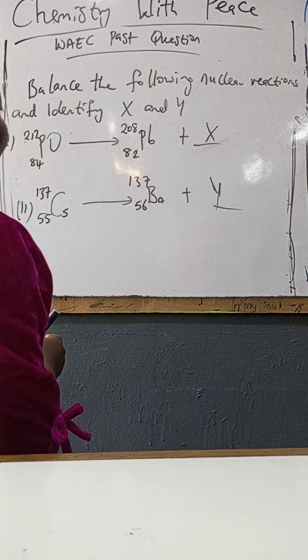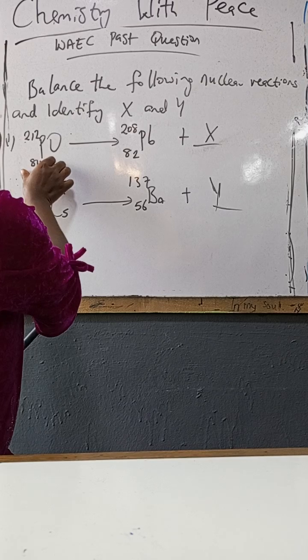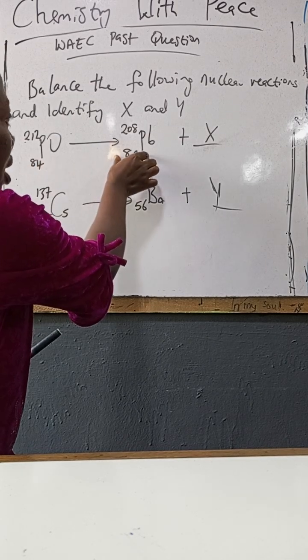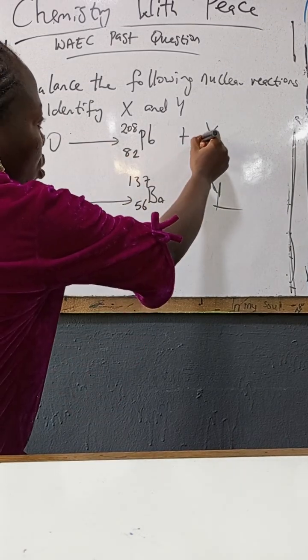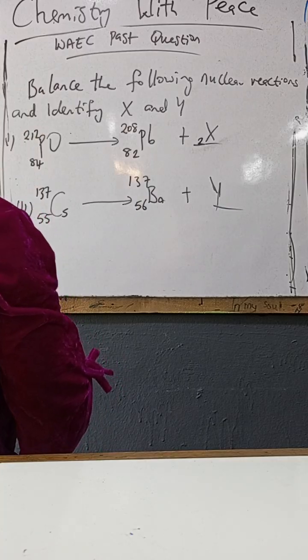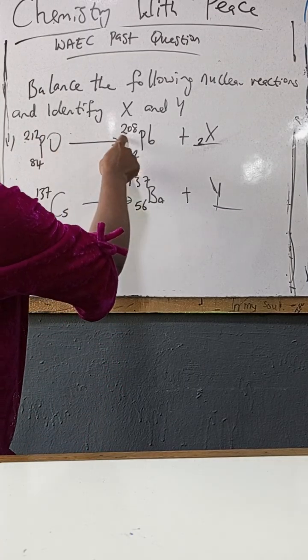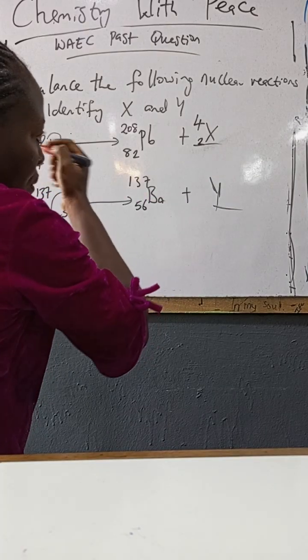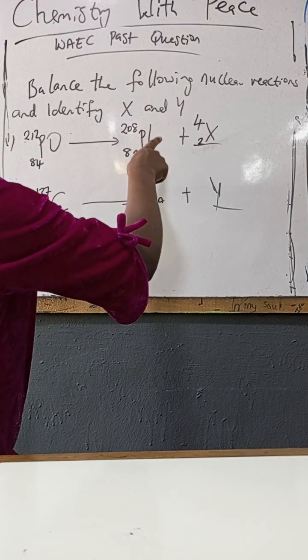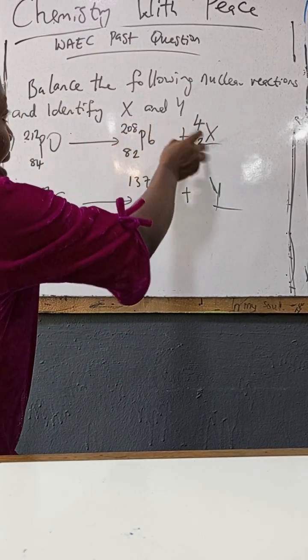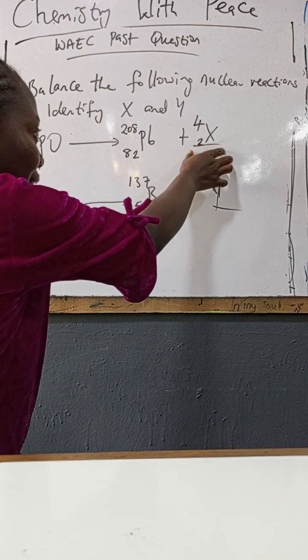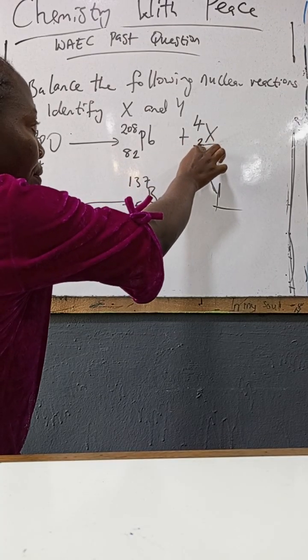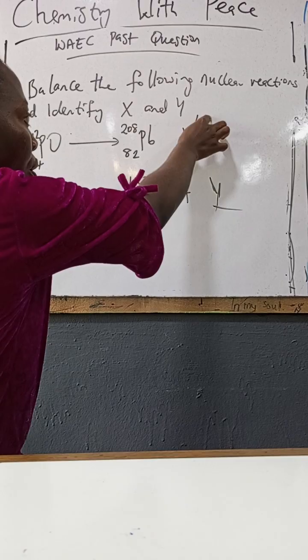How do we identify it? Since we have 84 here, 84 minus 82 will give you what? 2. So here is 2. 212 minus 208 will give us what? 4. So they say we should identify X and Y. So this is X having atomic number of 2, mass number of 4.